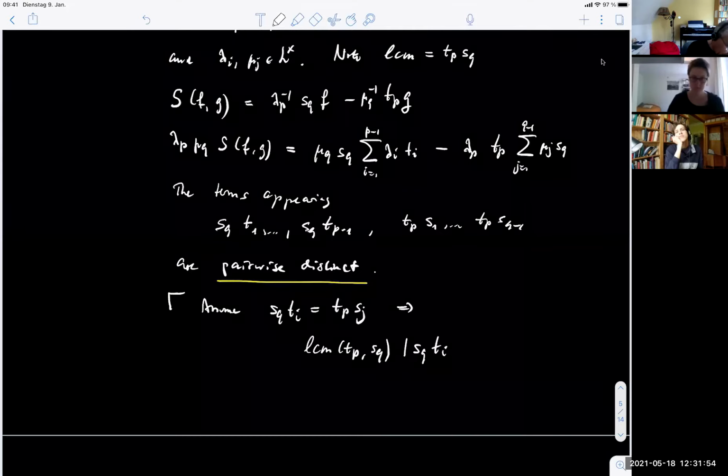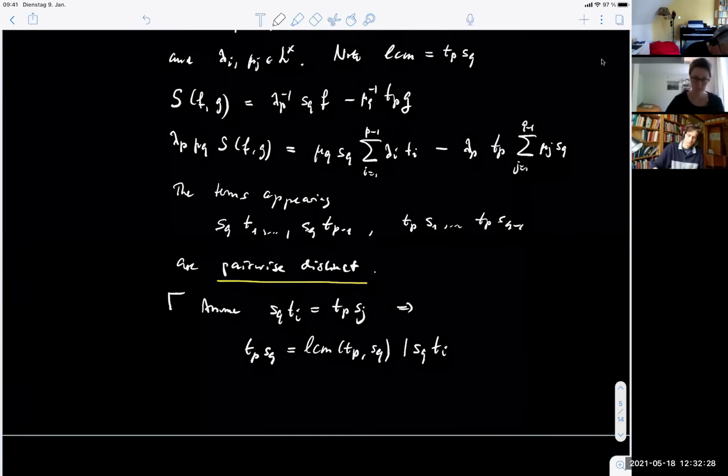In general, the least common multiple of T_P and S_Q must divide this expression. This expression is a multiple of T_P and it's also a multiple of S_Q. So I must have this. But by our assumption, because the T_P and S_Q are coprime, this is T_P times S_Q.